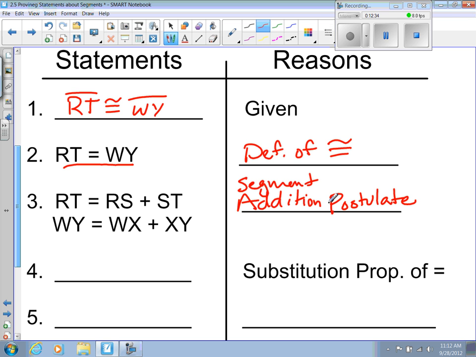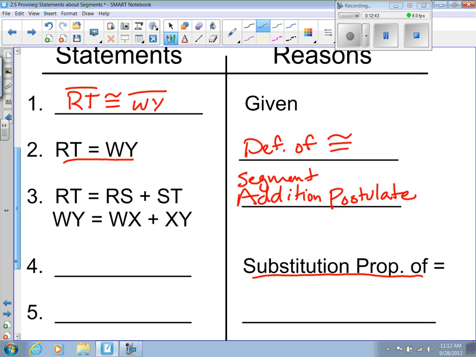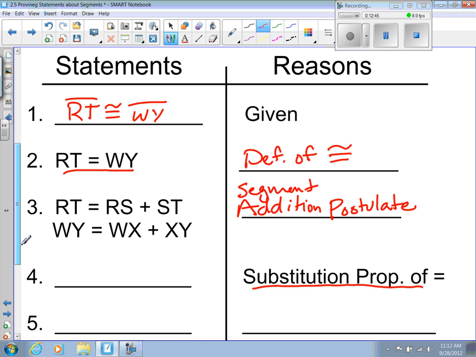Okay. Now they want us to do a substitution. Do you see a substitution we could probably make? So I'm looking at, could I maybe substitute a WY for an RT somewhere? Could I take a WY and substitute it in, and is that going to help me on my next thing? Where are we going with this, right?